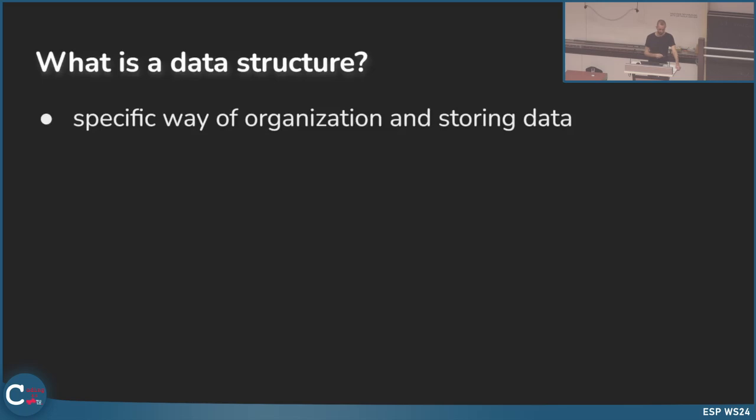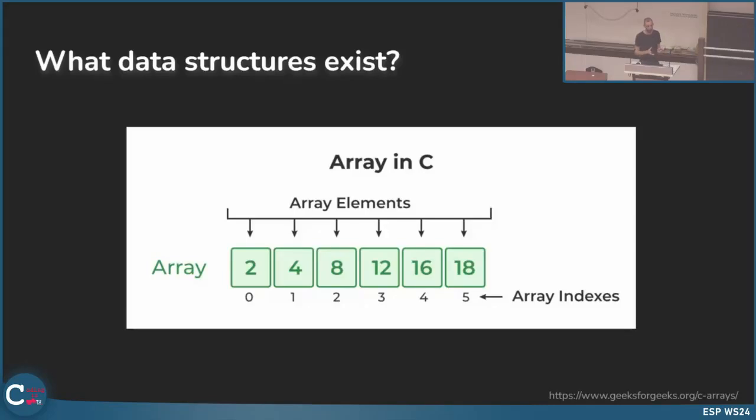And you already know at least one data structure, because you used it a lot already, especially in assignment 2. Any ideas? Yes? An array, yeah. Array is one data structure, and this is maybe the most basic one or the easiest one.